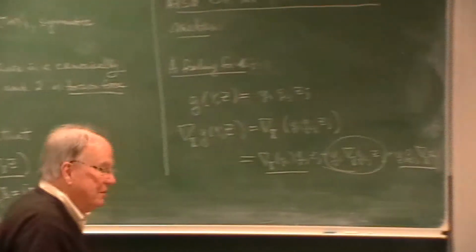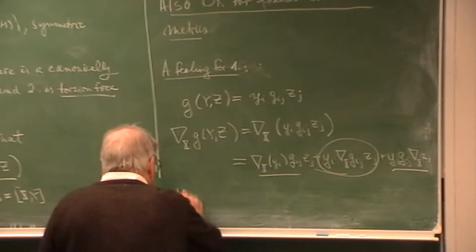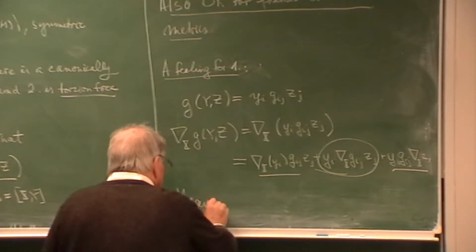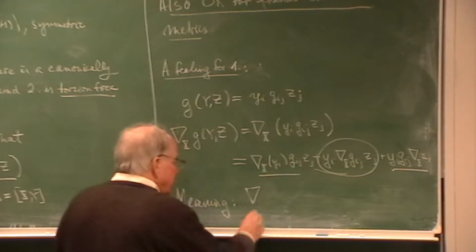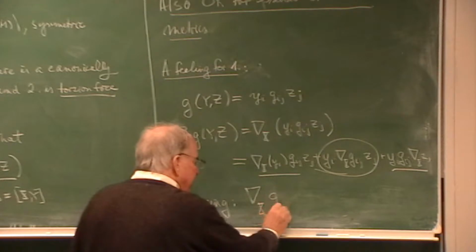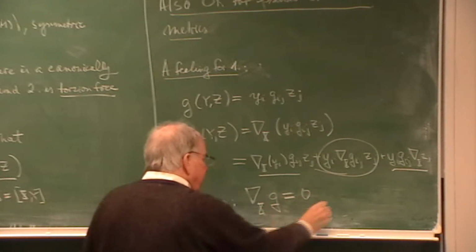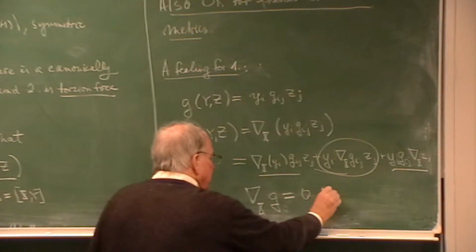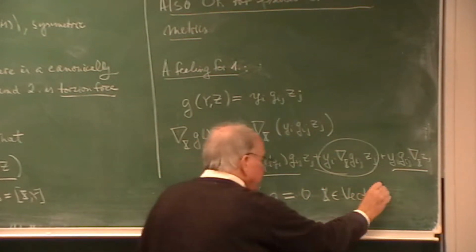Okay? It means the middle term is 0. So the meaning is the derivative of the metric with respect to any vector field is 0. That's the meaning of it.